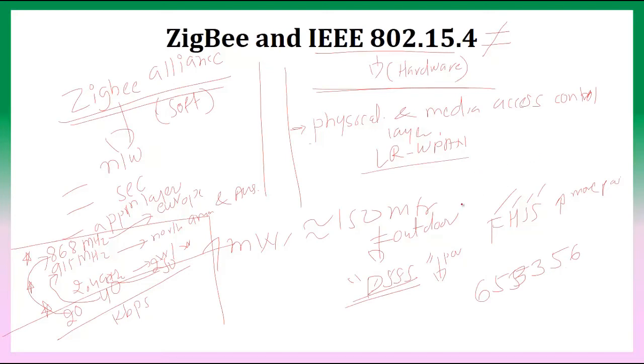Okay, so this is the number. I'll just write it down again: 653,356. This many devices a ZigBee network can have.